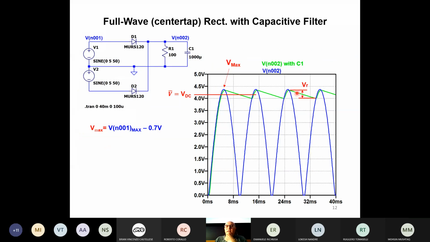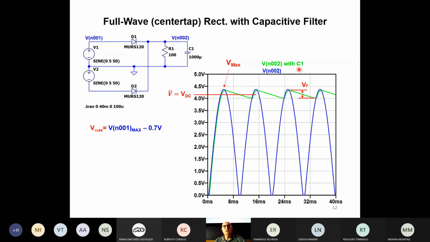So how can we define a number of quantities? If we follow the green line here, we can define an average voltage that we call V barred or VDC, with this red line. It is in between the two peaks, the maximum and the minimum of the green line. We can also define a ripple voltage between the maximum and the minimum of the green line.